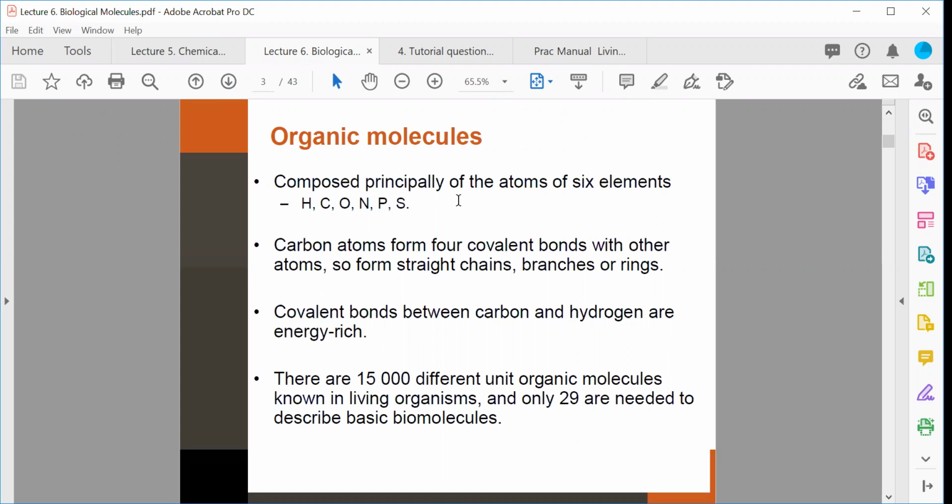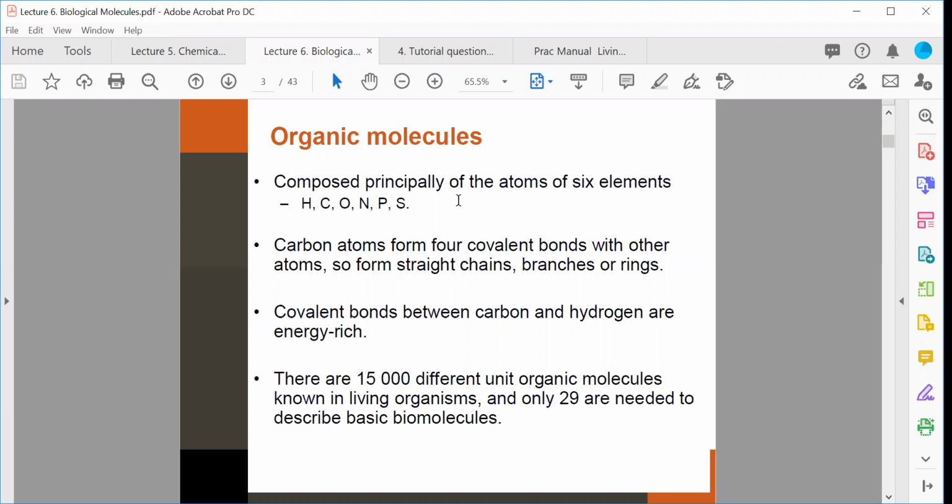Organic molecules. We're not going to go into organic molecules tonight. We will spend a lot of time on organic chemistry in the 2nd semester. But organic molecules are basically molecules that contain carbon. That's a very good basic definition of organic molecules.